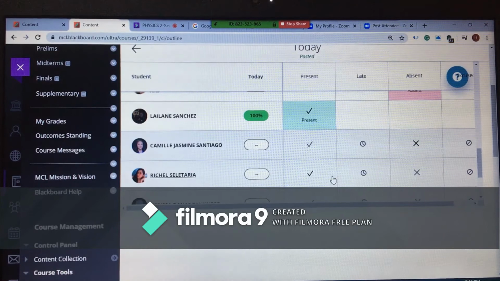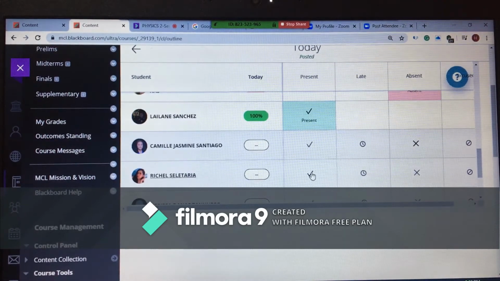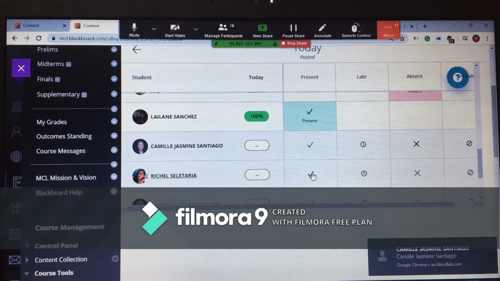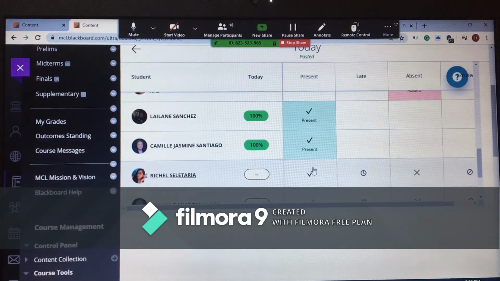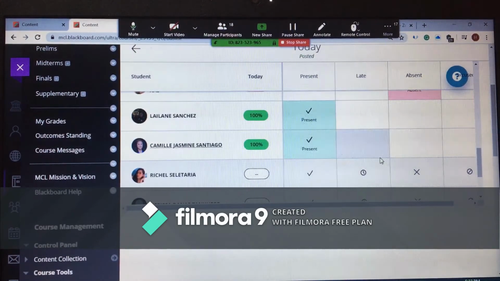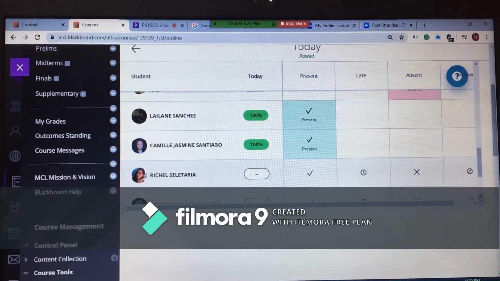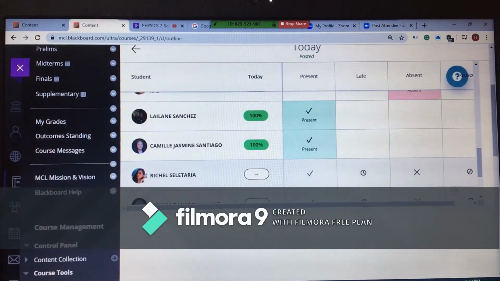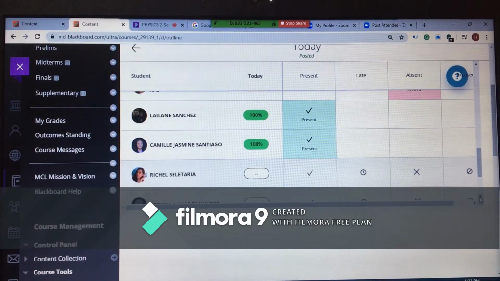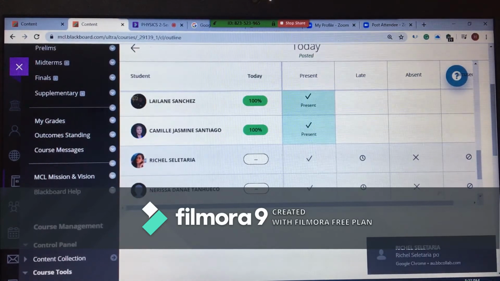Oh, type your name, please. Silitaria, type your name. Okay na po. Wala pa secretary, hindi ko nakita yung name. Ay, ulit. Okay.